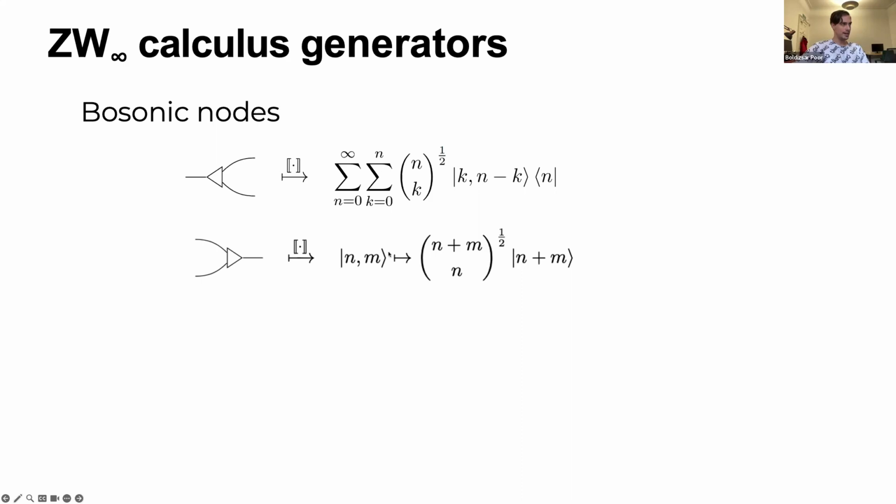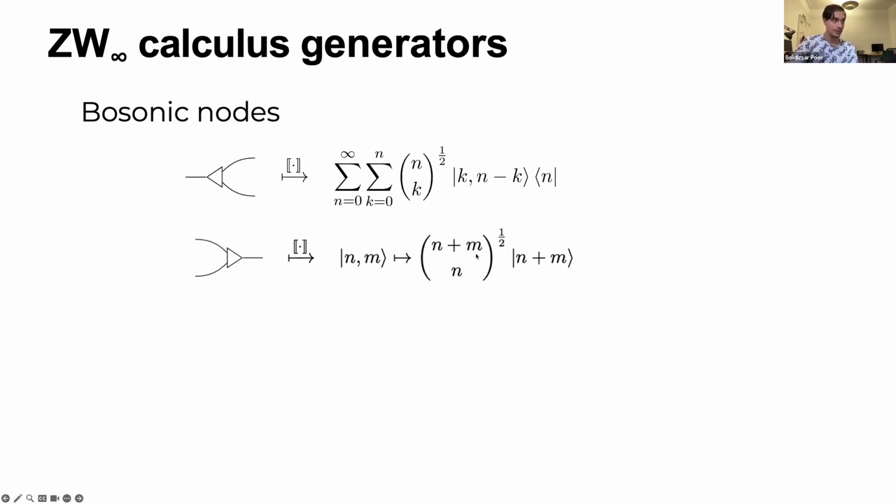If you have n and m, two computational basis states coming in, then what you get is n plus m, the sum of the two. But now we are in infinite dimensions. So in the qudit case, if you remember, we took it modulo d, but now d is infinity, and modulo infinity is the identity, right? So that's what I mean by a generalization. It corresponds to the X spider, because we have the summation modulo infinity, which is just the identity.